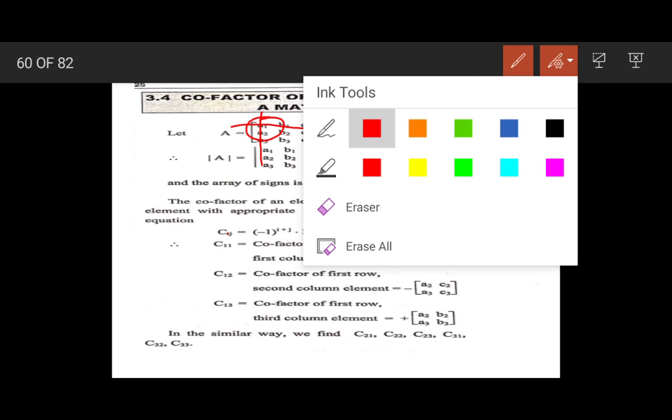Okay, similarly we have to find the cofactor of all the elements, like the cofactor of B2. For B2, first we have to take the sign. So for B2 the sign is plus. Then delete the position of B2. Now what is the position of B2?